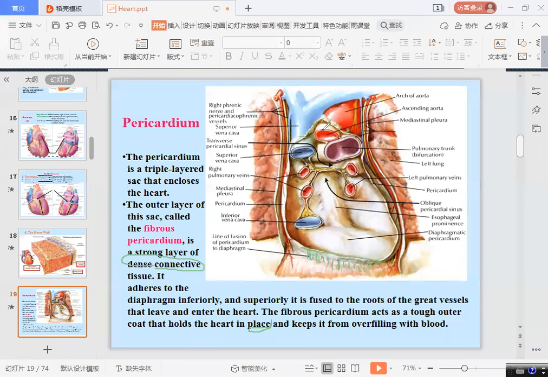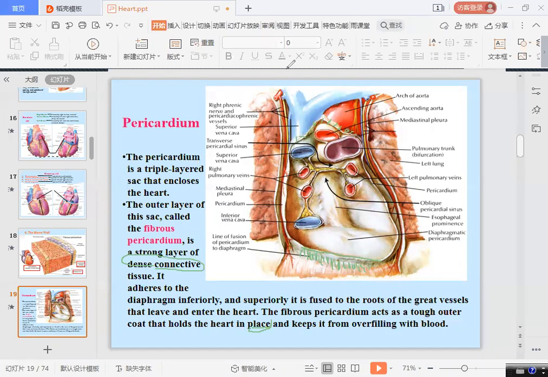The aorta is also a great vessel, because these are the biggest vessels of the body. So inferiorly this fibrous pericardium is attached with the diaphragm, and superiorly it is attached with the great vessels: superior vena cava, aorta, and the pulmonary trunk.